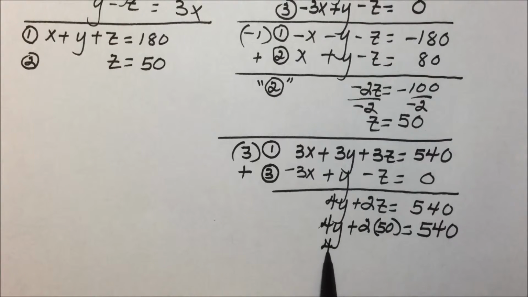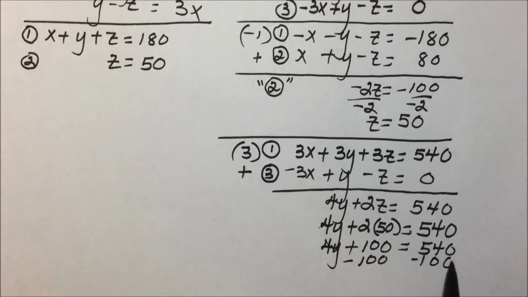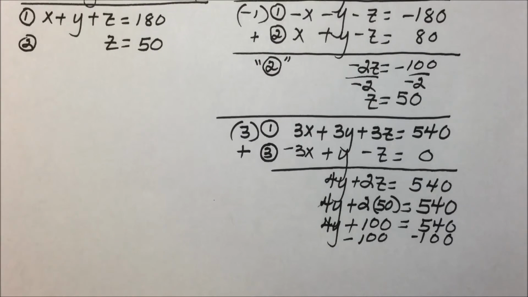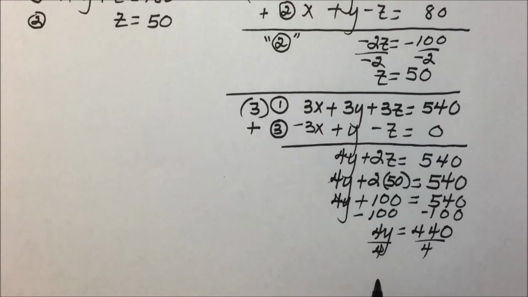That leaves us with 4y plus 100 when we do the multiplication. Peeling away the layers to get to the variable, we'll subtract 100 from both sides. That leaves 4y is equal to 440. And dividing by 4, maintain equality, multiply or divide both sides by the same number. We end up with y is equal to 110 degrees.